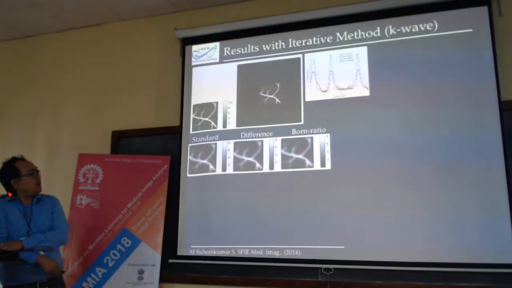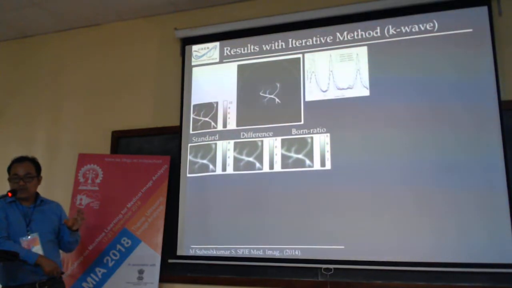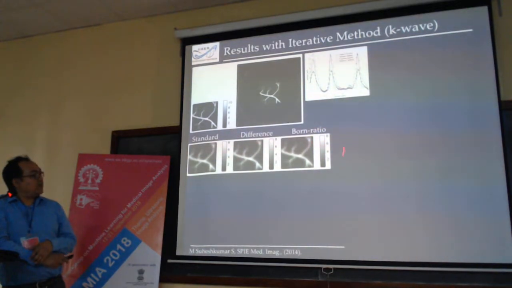So I am showing you the results of the reconstruction technique with delay and sum. For this one I don't have any real sample results.